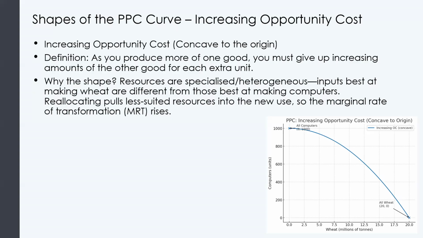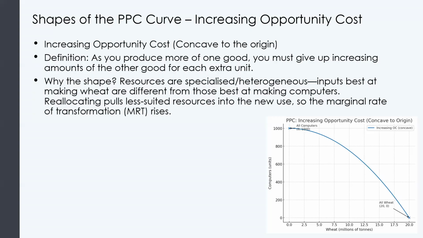So you need the land, yes. You need maybe the iron, right? Yes. But you don't need the gold. So as you produce more and more wheat, it becomes more and more expensive because some of the items you end up using to produce the wheat will not really be useful for wheat production.